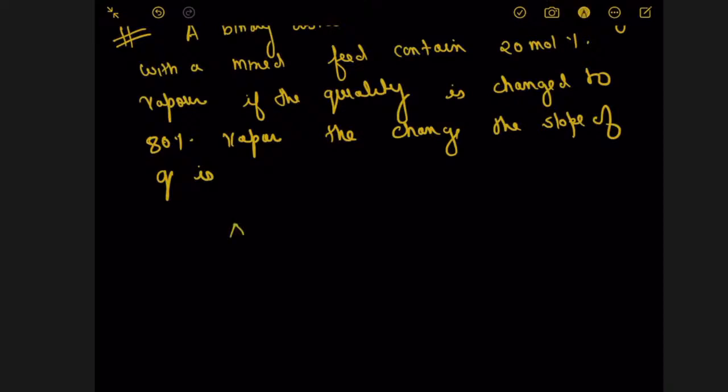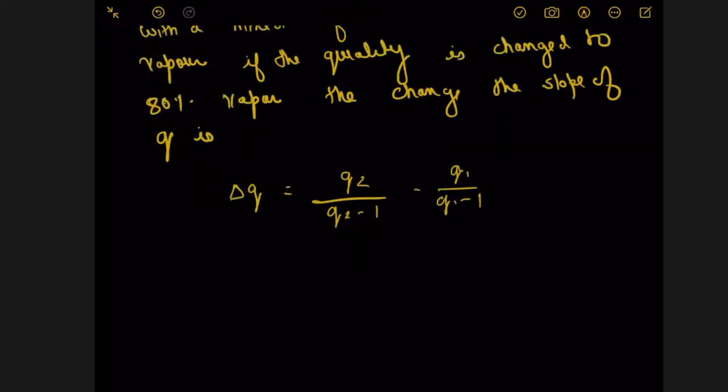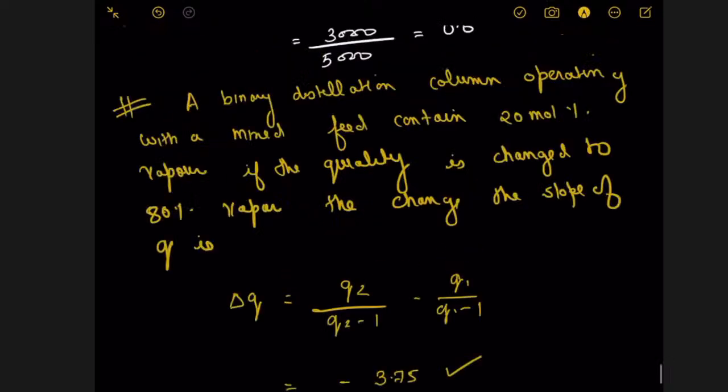So here you have to calculate the value of delta Q. It will be Q2 upon Q2 minus 1 minus Q1 upon Q1 minus 1. So here you will directly get minus 3.75. That is the change. It is 20% vapor, so how much liquid is there? 80% vapor means 20.